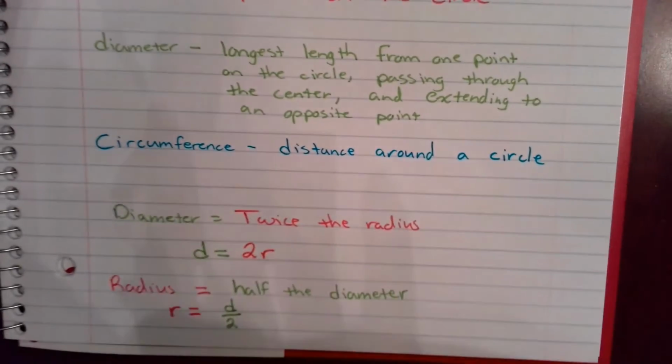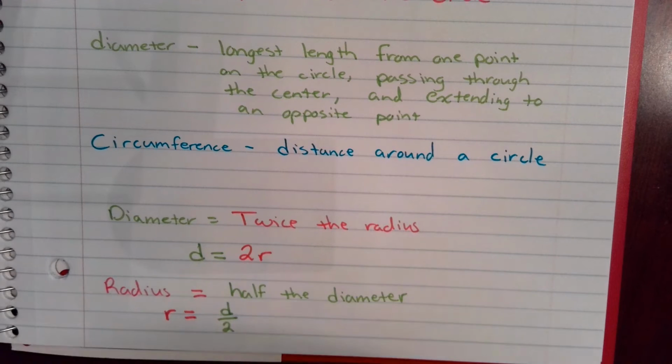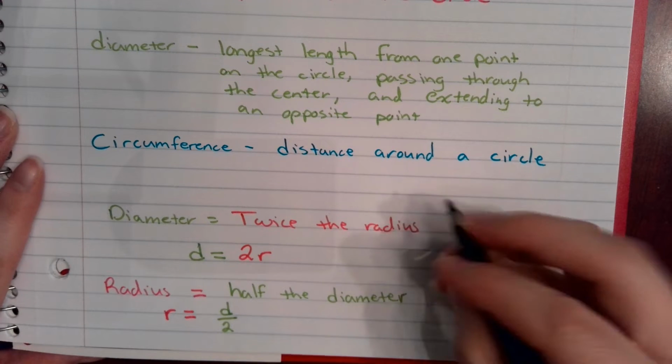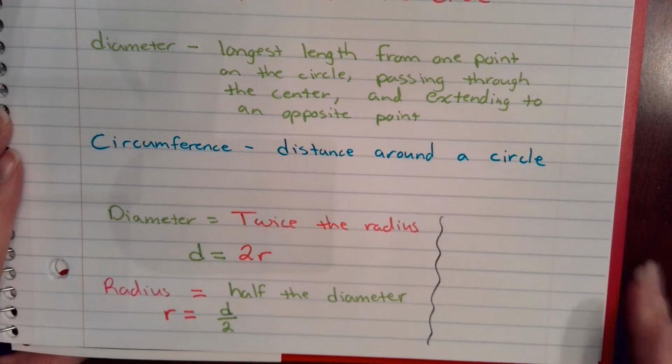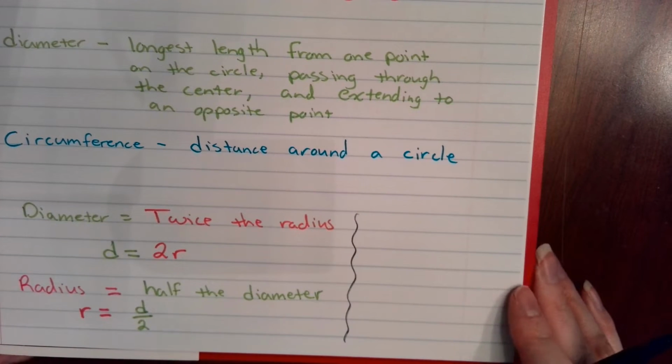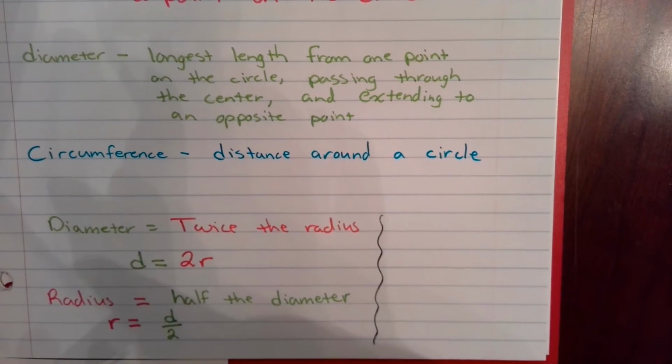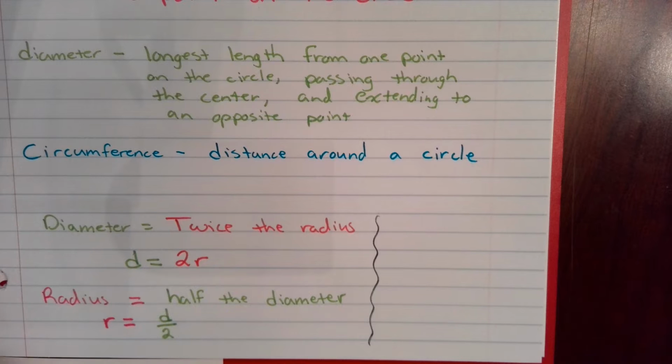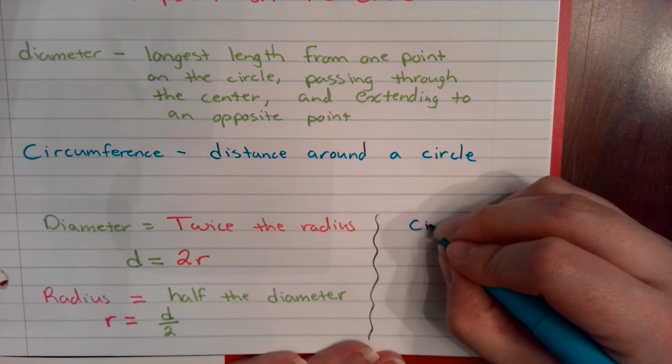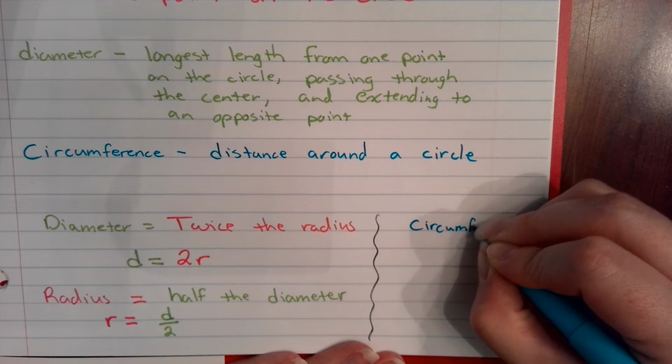Now there's also a couple other formulas that you're going to need to make sure that you understand. And I'll go ahead and put them off to the side here. They will be given to you. You will be given these next 2 formulas. The first one is the circumference formula.